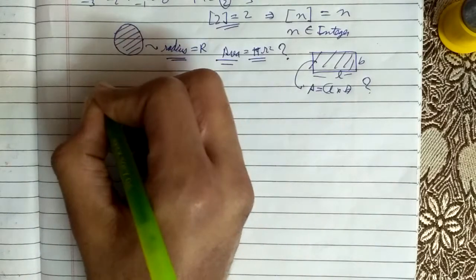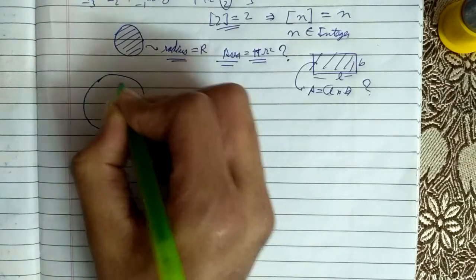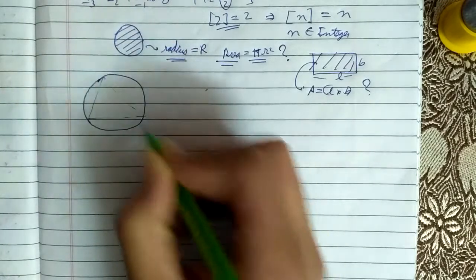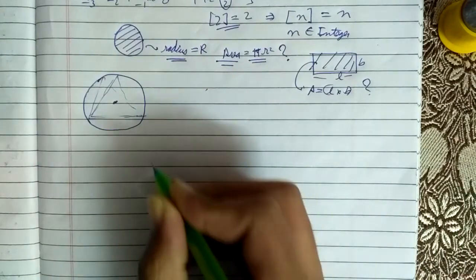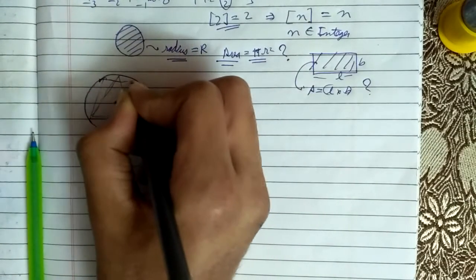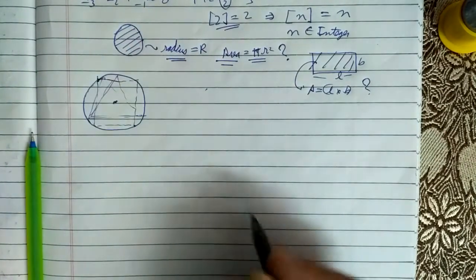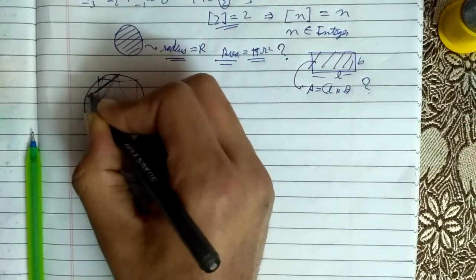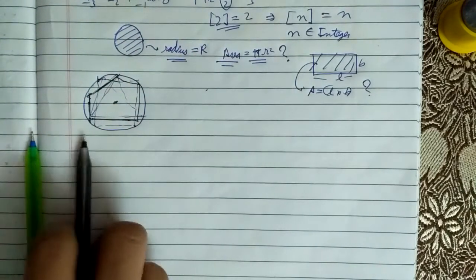That is, first we make a regular triangle, then a square, then a pentagon, and so on.